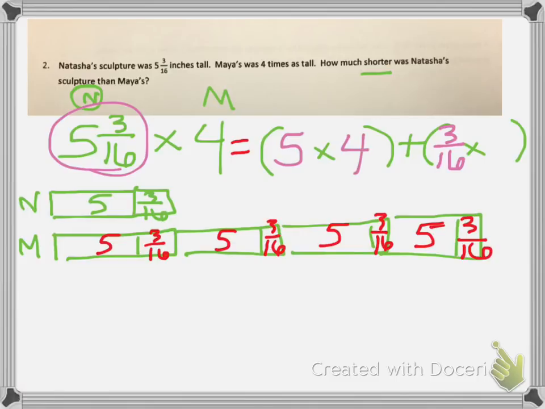And then we need to do the 4 times in each one. All right, 5 times 4 equals 20, plus, over here we have 3 times 4 over 16.